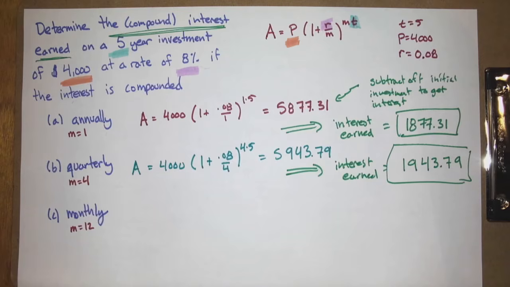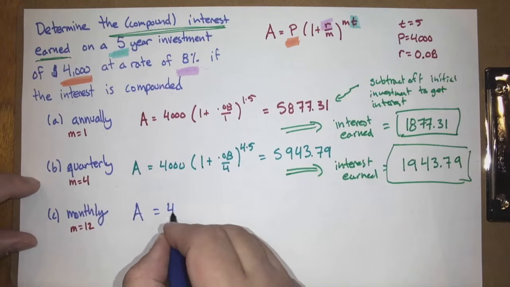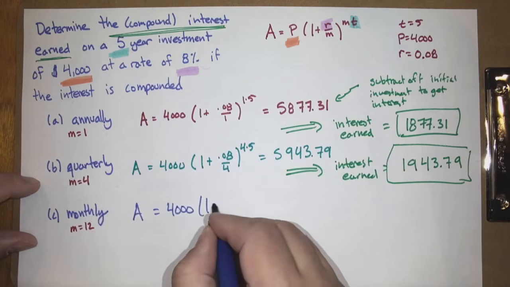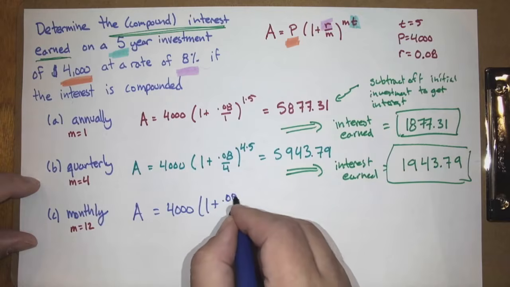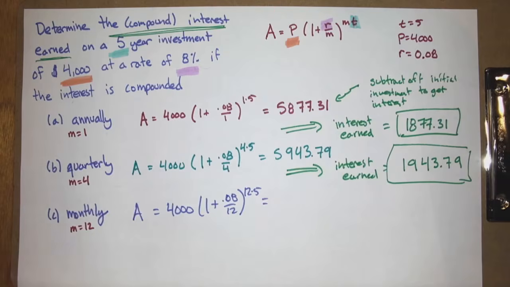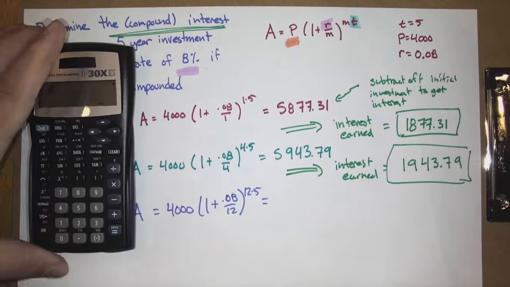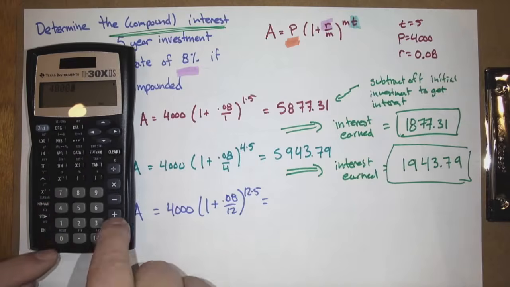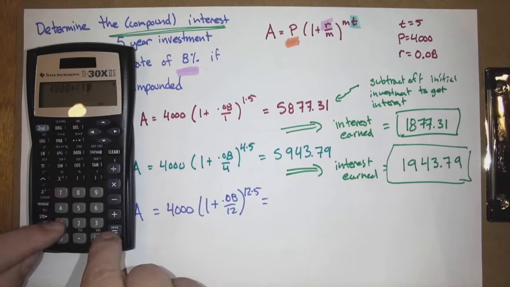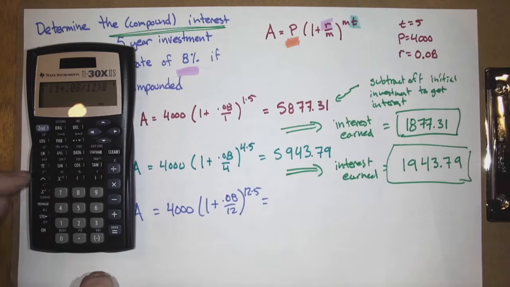All right, last one. In the interest of time, we'll go through this a little bit faster. Again, the only thing that's changing is the M. So 1 plus 0.08 over 12, 12 times 5. 4,000 times (1 + 0.08/12) to the 12 times 5, that's 60.